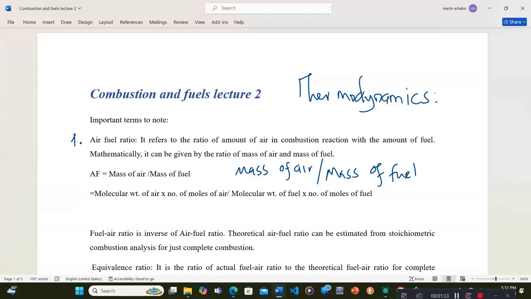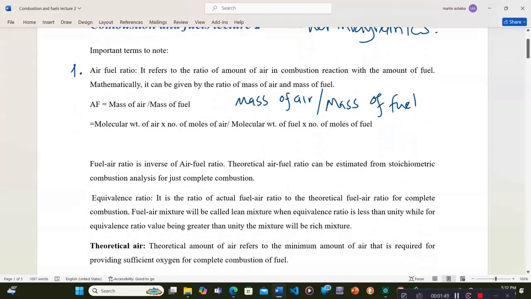Now, it is the same as molecular weight of air times the number of moles of air divided by molecular weight of fuel times the number of moles of fuel. Because we know that the number of moles will always equal the mass given divided by the molecular mass.